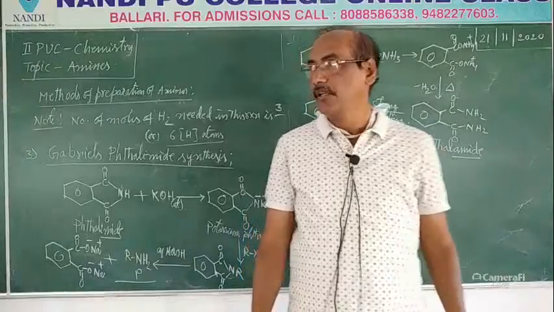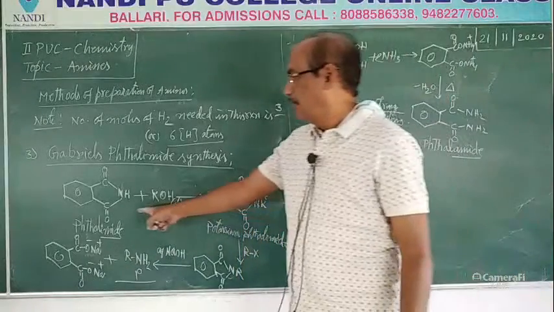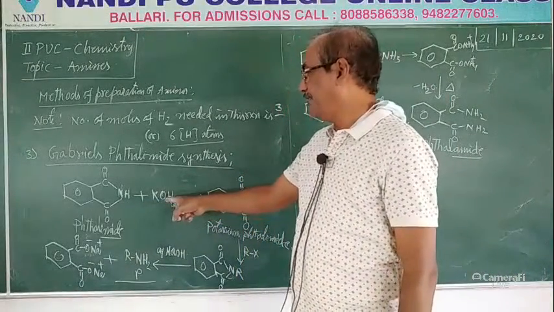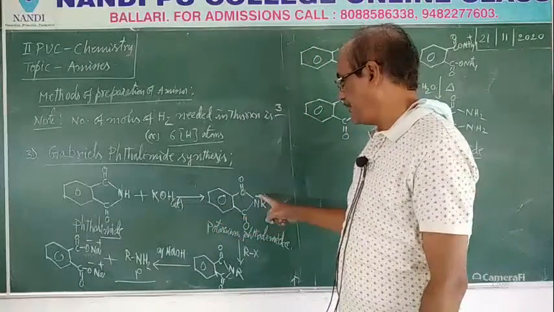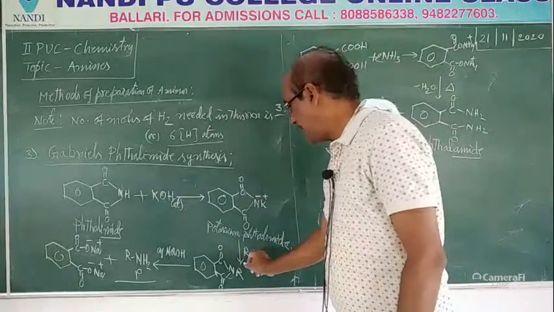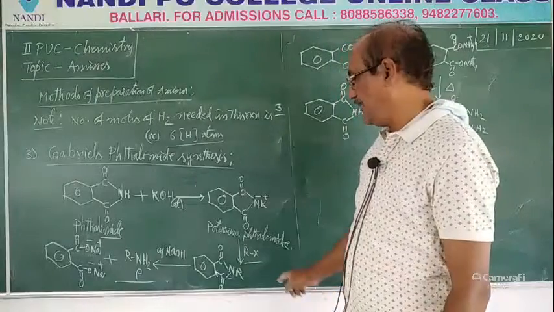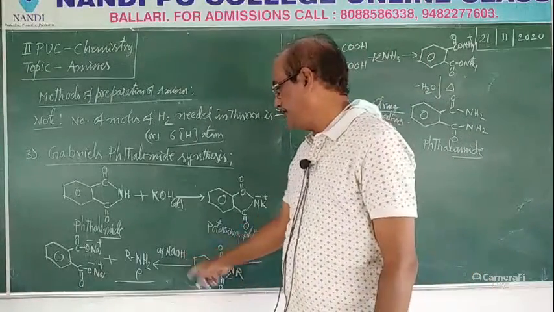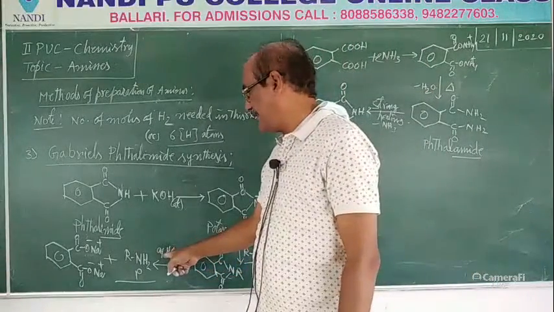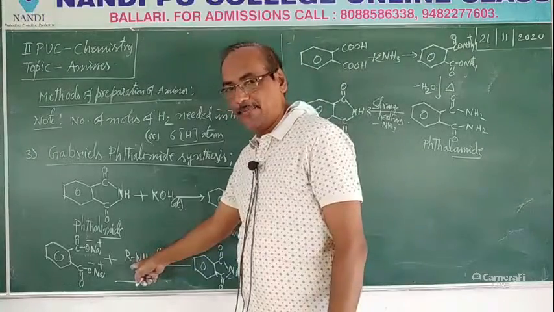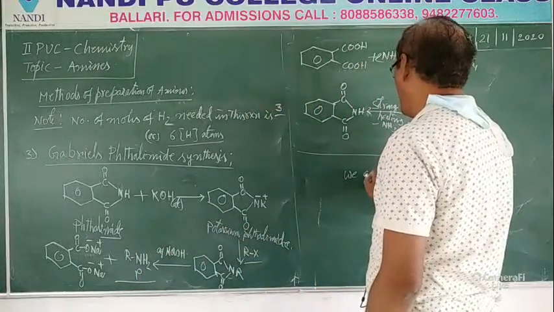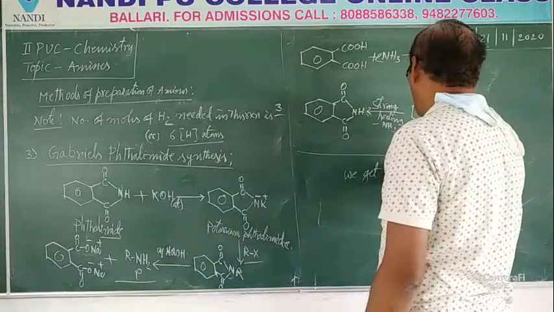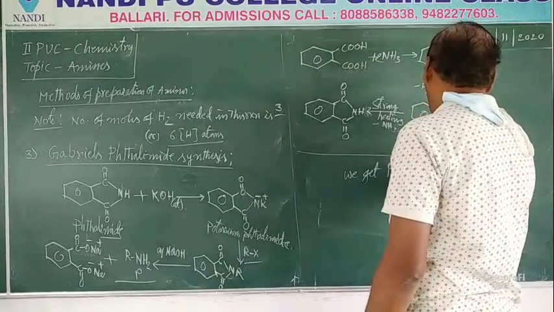Right children? You can see this phthalimide is treated with KOH, again we get potassium phthalimide. Potassium phthalimide is treated with alkyl halide, so that we get N-alkyl phthalimide, which is treated with aqueous NaOH, so that we get a primary amine. So especially we get primary amines in this.